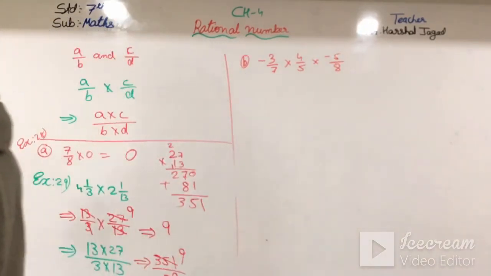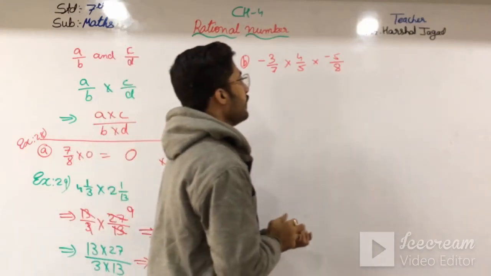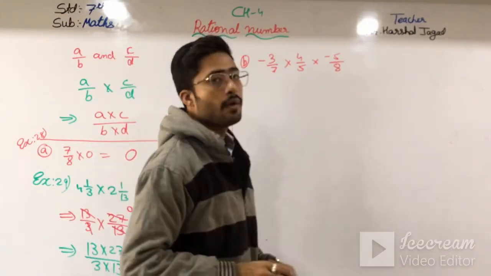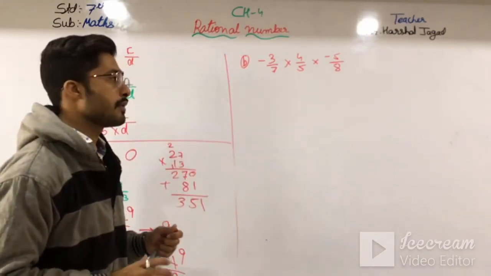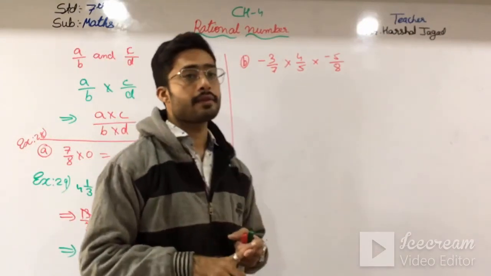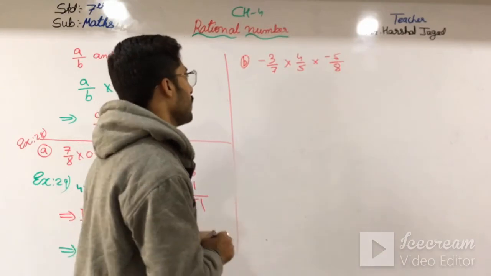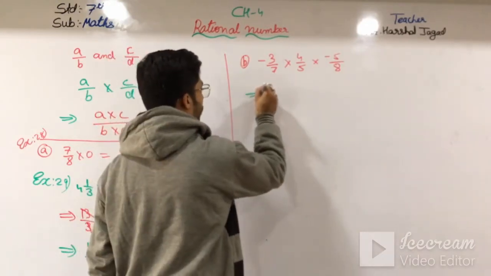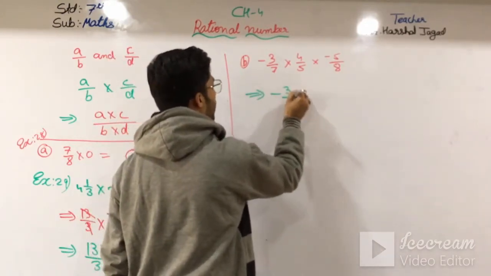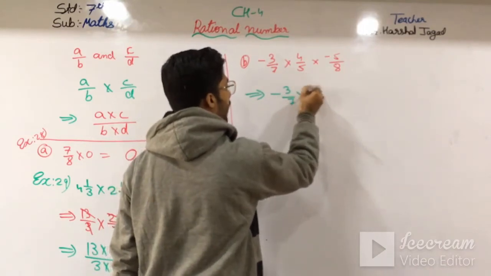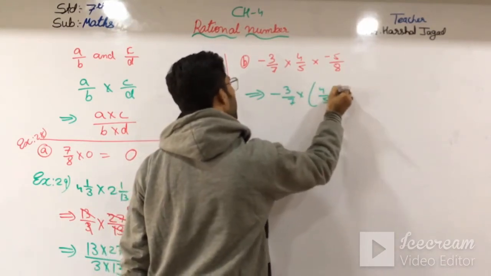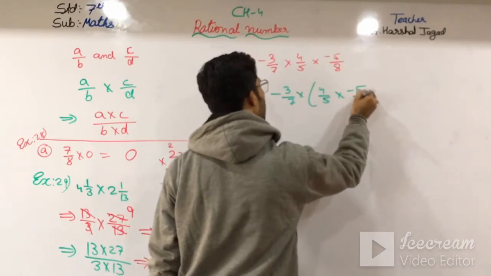So we will do this. Here we know that in the BODMAS method, first of all we divide, then multiply, then add, and then subtract. So here, according to the associative property, I will do minus 3 by 7 into the bracket 4 by 5 into minus 5 by 8.